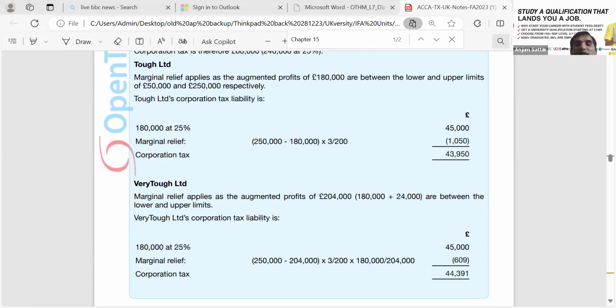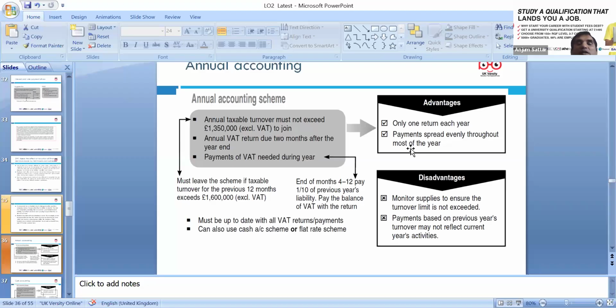Okay. Then it is good to know there are different VAT schemes. A couple of you may be dealing with VAT, with the VAT return document, the form we can fill in. We can look at the annual accounting scheme if you want to.